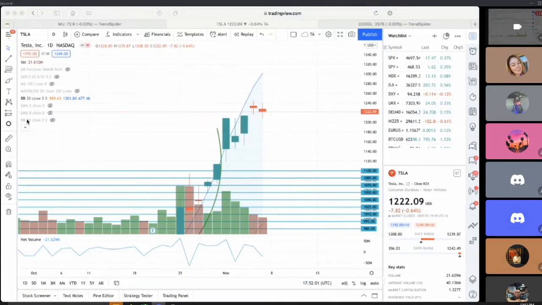Okay, Nvidia was amazing. We did say 255 was support last week, and we had a target of 280, but it just blew past that target, right? So it went above the 300 area.